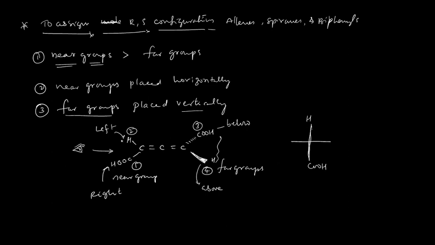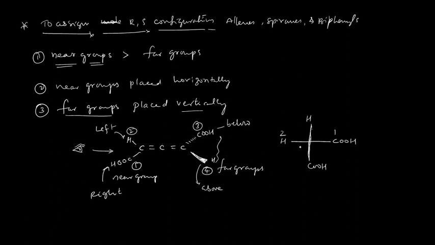When you are writing these two groups, which is left side to the observer, in Fischer projection formula is left hand side, and which is right hand side, is right hand. Then keep priorities same as here, 1 and 2. COOH is given priority 1, the near group hydrogen is given 2.